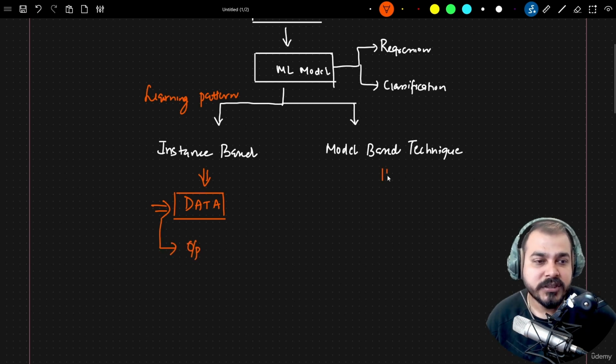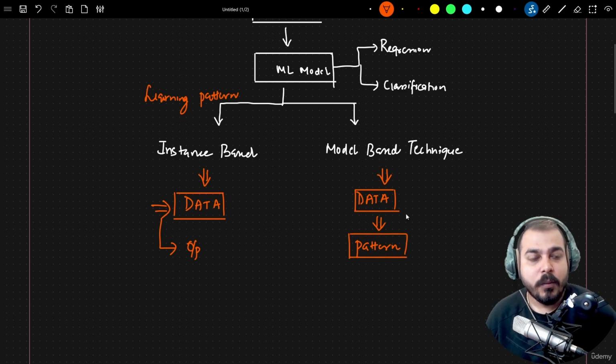But in the case of model-based technique, whatever data we use, the model tries to understand the pattern within this specific data. Once it understands the pattern, it creates a generalization method to make predictions for new data.